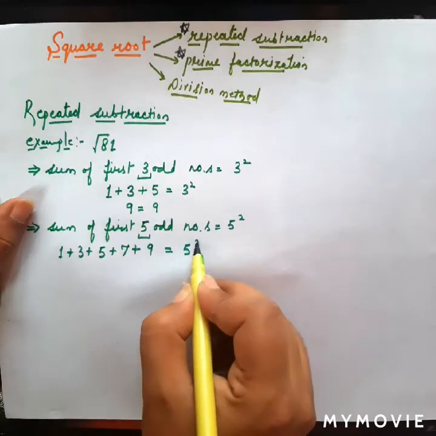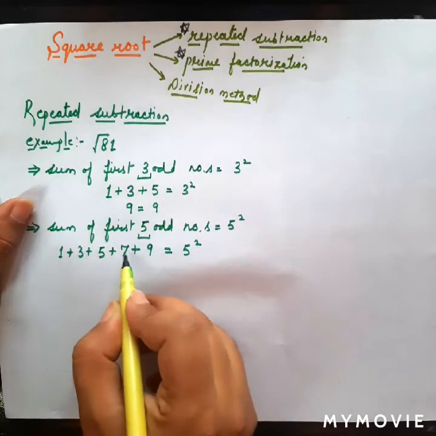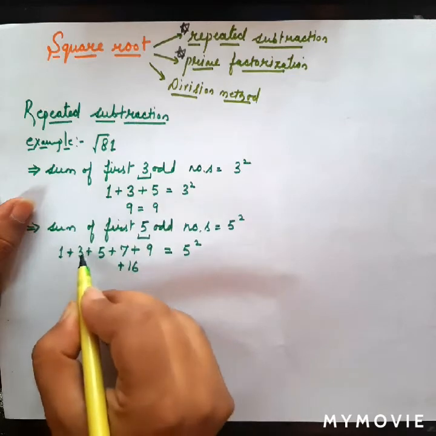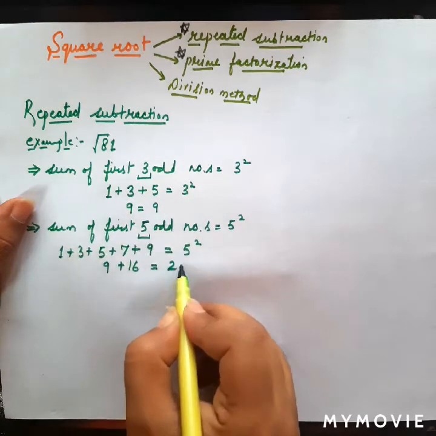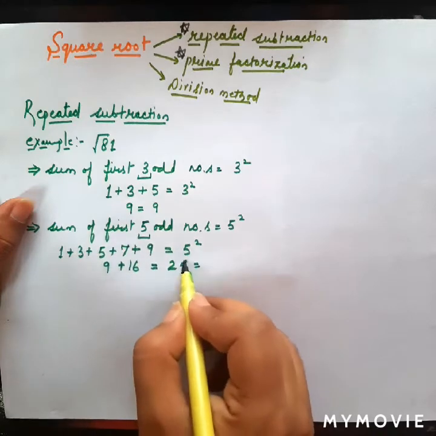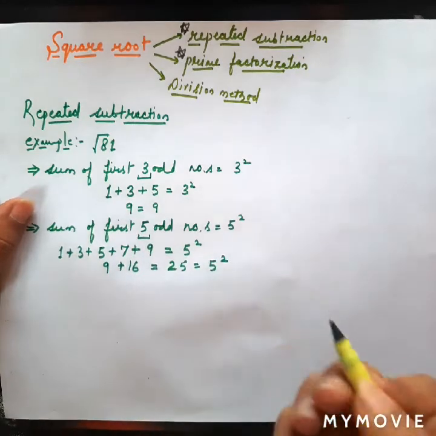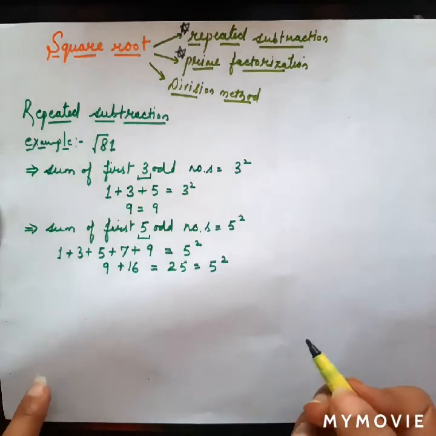This should be equal to 5 square. 9 plus 7 is 16, 5 plus 3 plus 1 is 9, and 9 plus 16 is equal to 25, which is also equal to 5 square. So this is actually true.